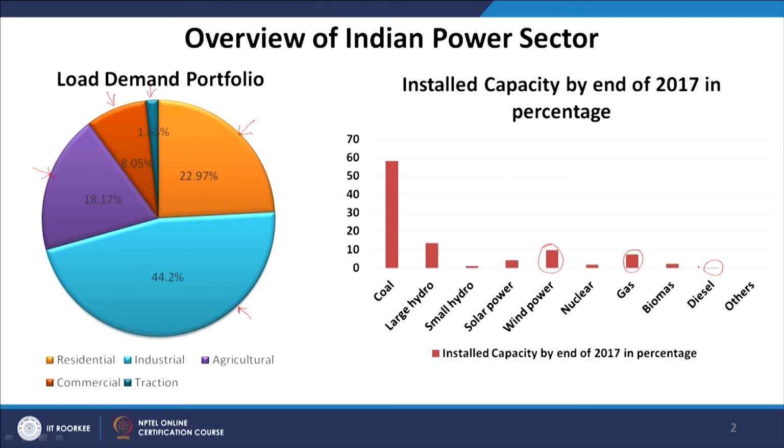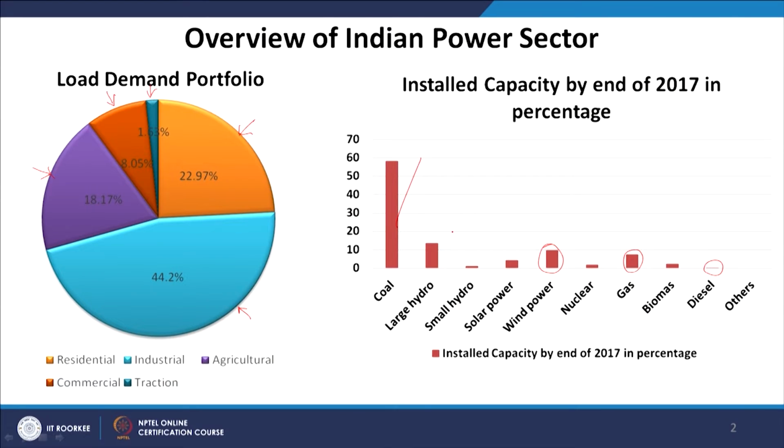Now, the question is, if we keep on adding load, or if our per capita consumption has to increase over the next 5 to 10 years, then certainly all the generation, coal and hydro naturally, wind power and then solar power, gas, diesel, all has to go up over a period of time.